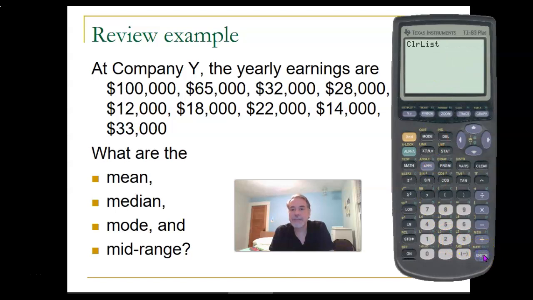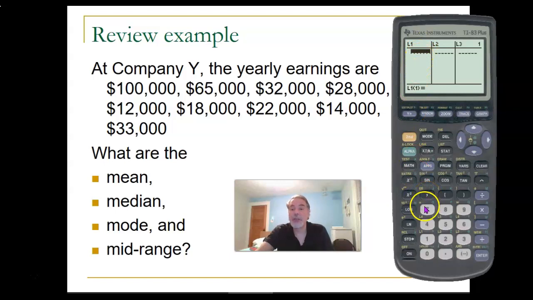Select that, and that was list L1. That was the first list. So to clear list L1, I'm going to push the second button, and it's the 1 button, but it says L1 above it. So I just told the calculator to clear out that first list. So now when I go back and hit Edit again, now it is cleared out. There's no numbers in there.